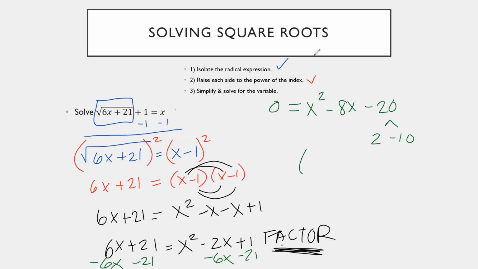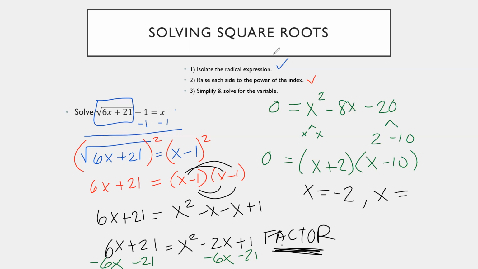So to factor this, and remember, this guy is like x times x, this is going to become x plus 2 times x minus 10. And of course, it's equal to 0. And by the zero product property, set each of them equal to 0. You'll get x is equal to negative 2 as one of your options, and x is equal to positive 10 as one of your options.